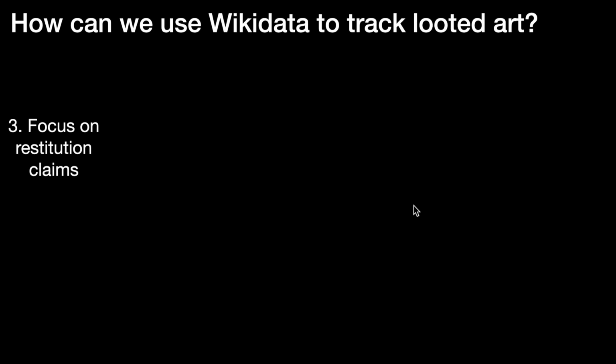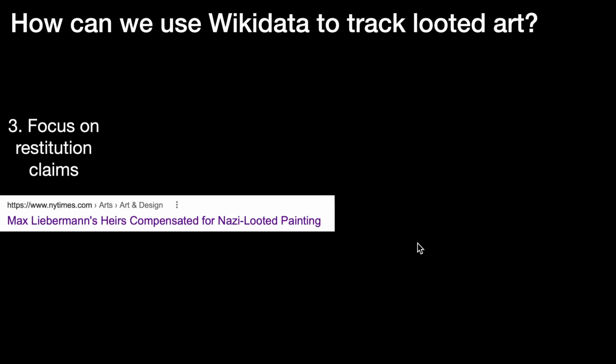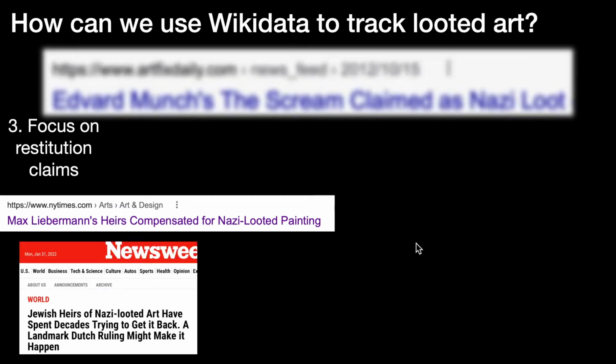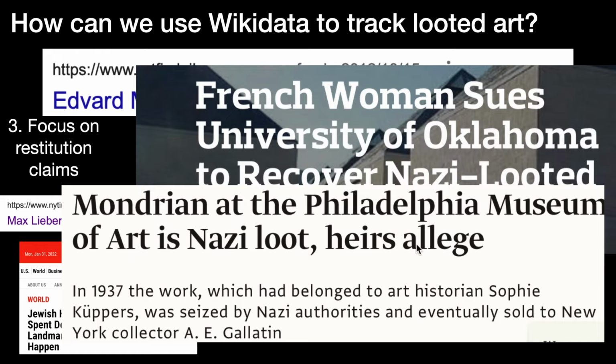You've probably seen the headlines in the press where a family 70, 80 years after the Holocaust is making a claim for a painting which they have found in a museum or in an auction house.